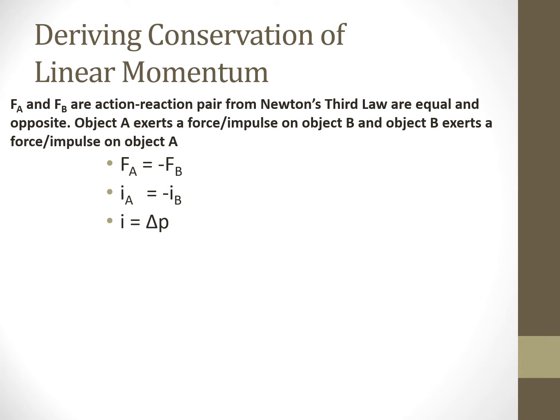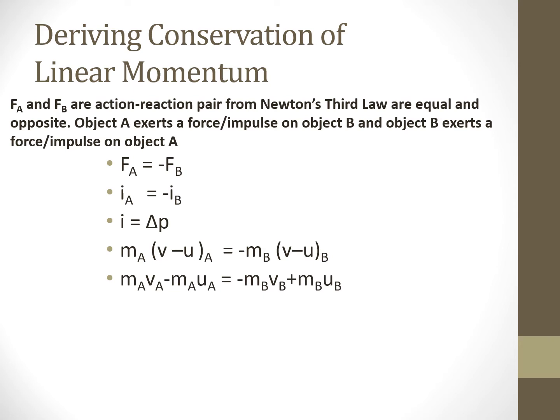Substituting the change in momentum into our equation, we now have this equation for object A and object B in terms of change in momentum. Using the distributive property, we now have this equation. Since the change in momentum before collision is equivalent to the change in momentum after collision, we will combine all the momenta before collision and all the momenta after collision.